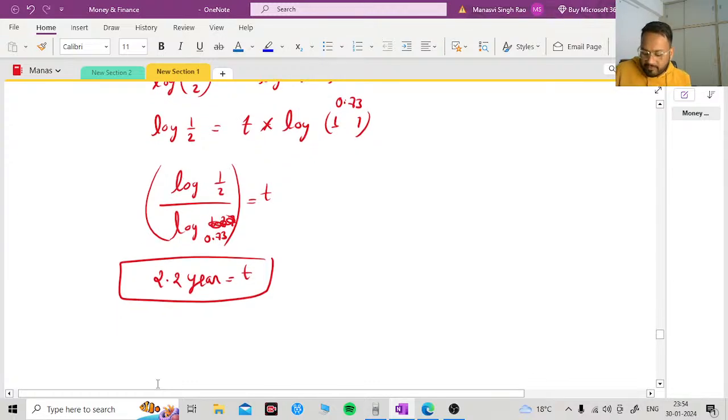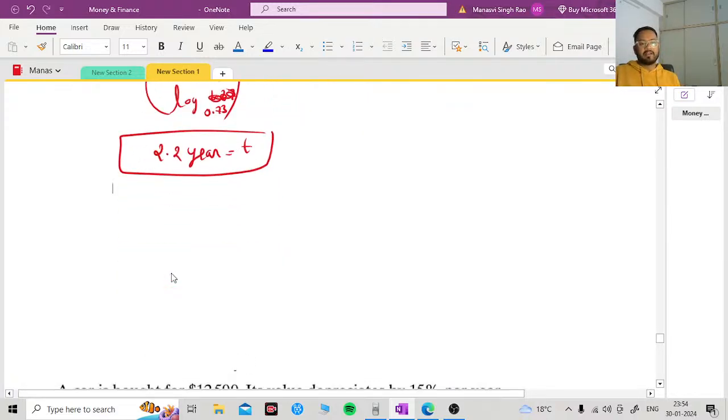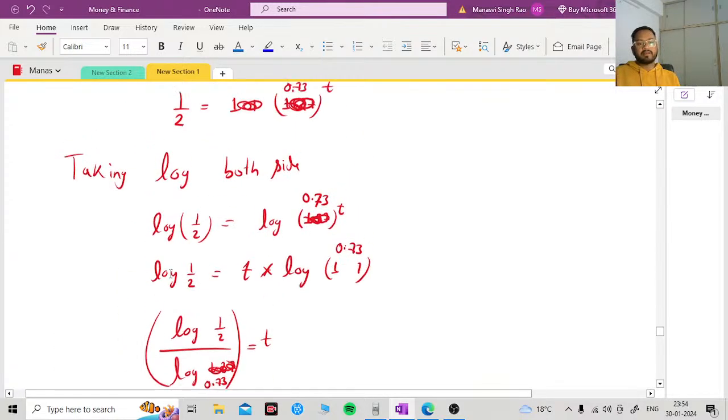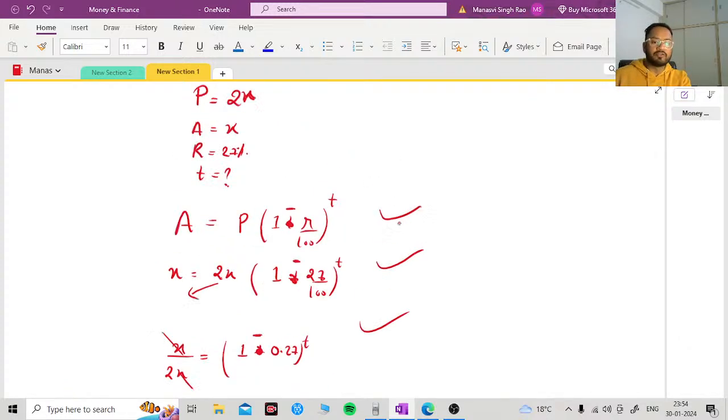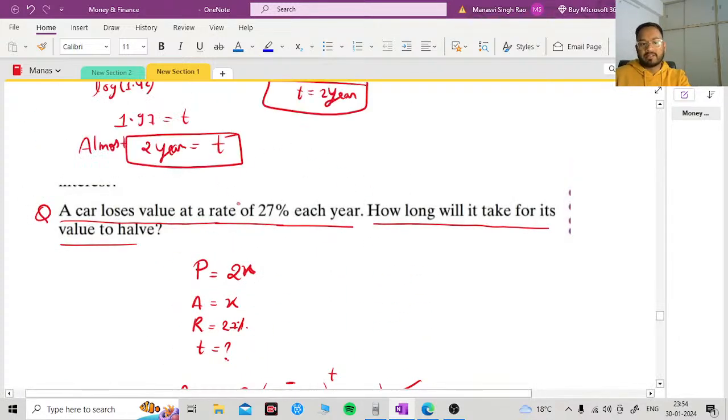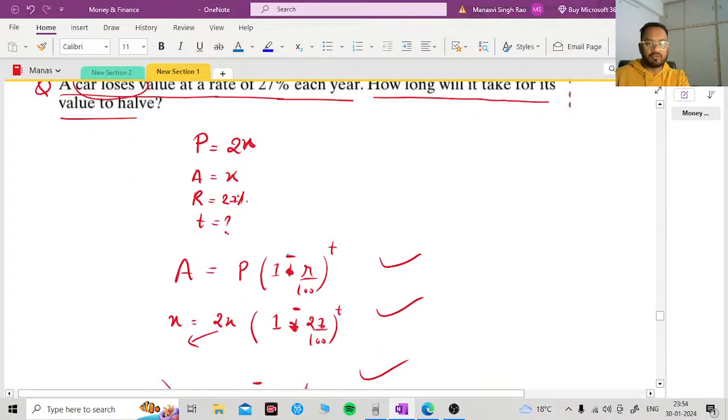So we have subtracted 1 in the formula rather than adding it. Yes, Umani, you were correct. Thank you for the correction. This is correct because the value is depreciating, the car loses its value. So in depreciation, we use 1 minus, right?